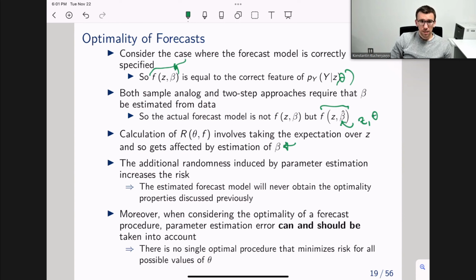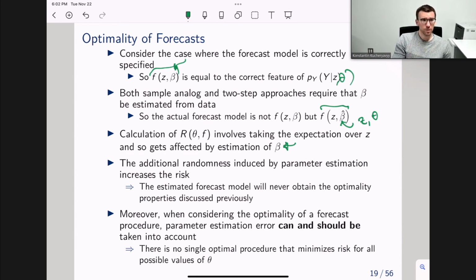But here's the point. When we consider the optimality of the forecast procedure, ideally, we can and should be taking into account the parameter estimation errors, which would imply that there is no single optimal procedure that minimizes risk for all possible values of theta. Let us go through the example, and then I reiterate these points.